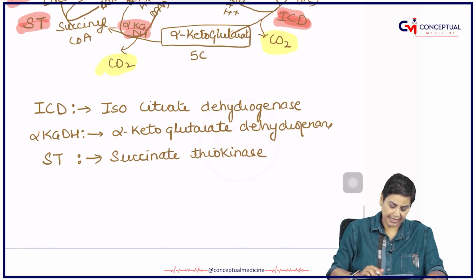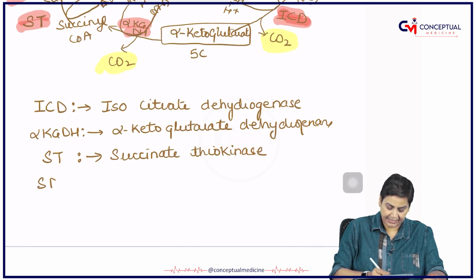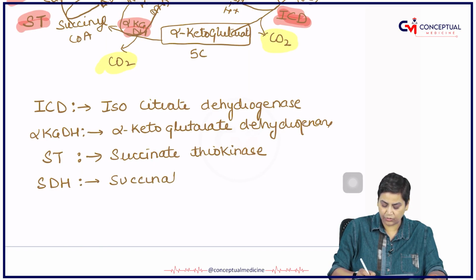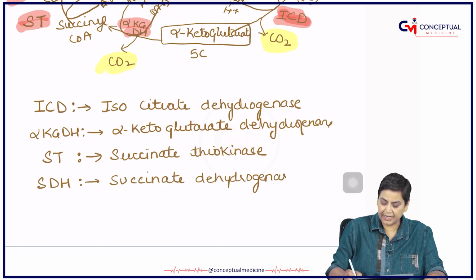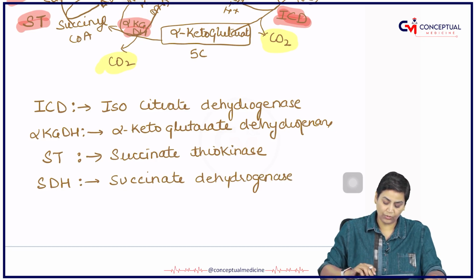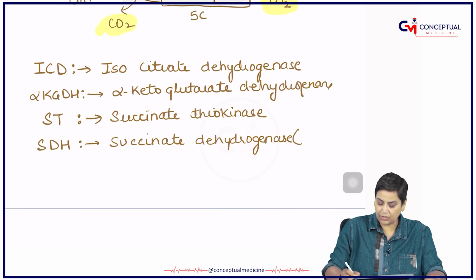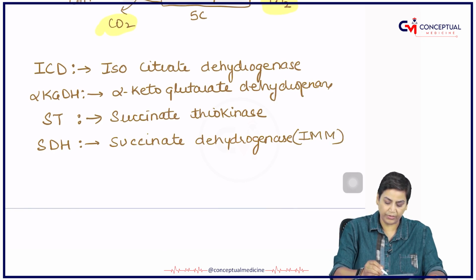Then comes SDH. SDH I have told you earlier also, it is succinate dehydrogenase. And always remember, succinate dehydrogenase is the only enzyme present on the inner mitochondrial membrane of the mitochondria. Very important.